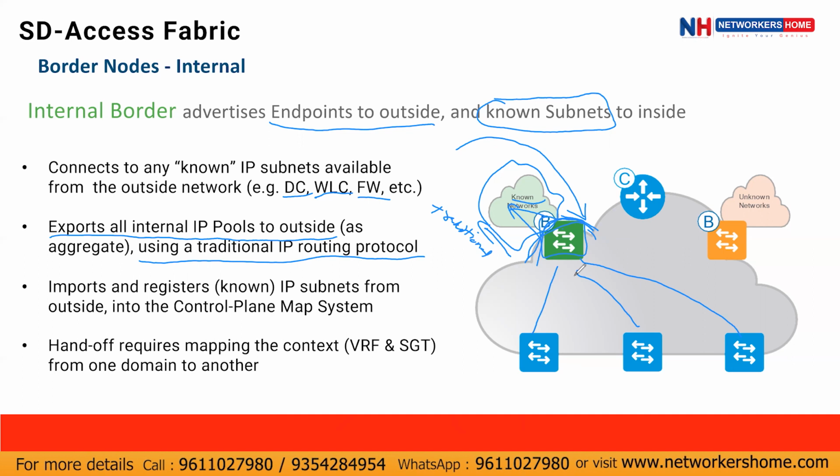Just a quick question. So this border node, can we have it as a VH, in case we are combining SD access and SD WAN into the solution for a particular site? Can we have this border node as a VH there? Yes, we can have it, but the complexity increases because that specific device must be capable of handling the load of the VH as well as the border functionality.